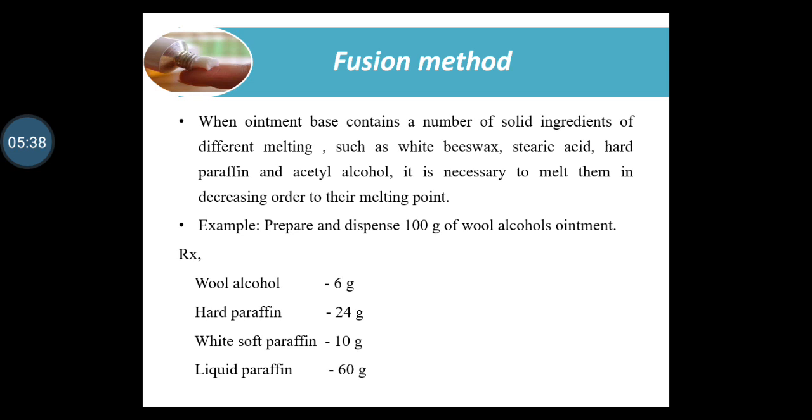After mixing the two portions, the stirring should be done uniformly and thoroughly to make a homogeneous mass. Rapid cooling should be avoided to get a uniform product. Vigorous stirring should be avoided when ointment has just begun to thicken.